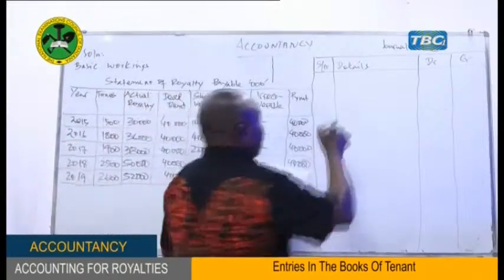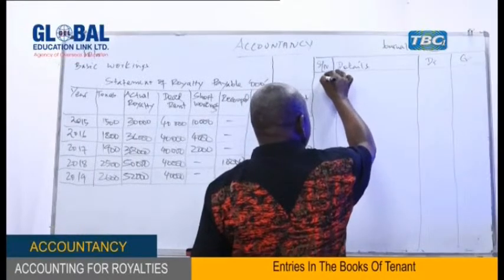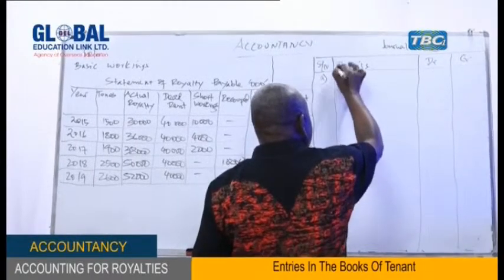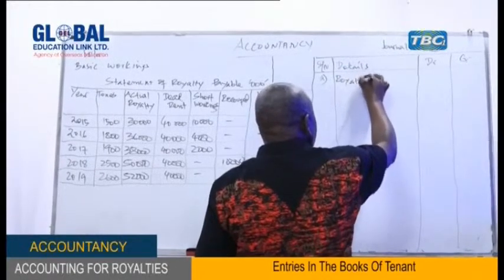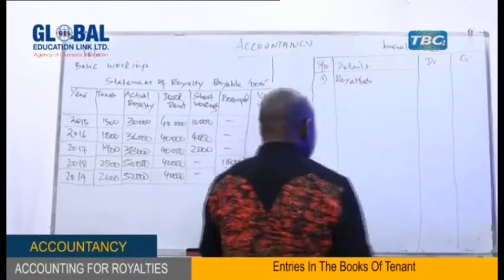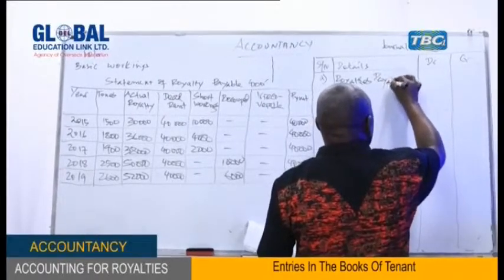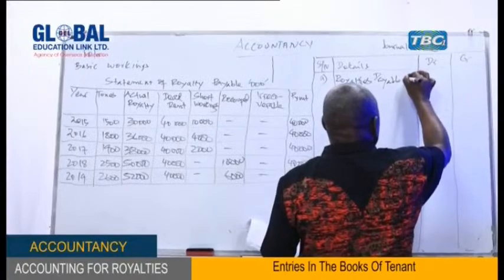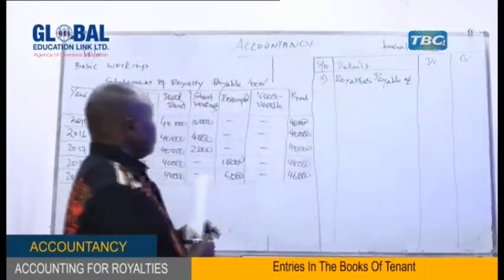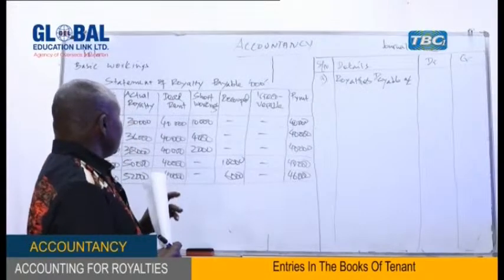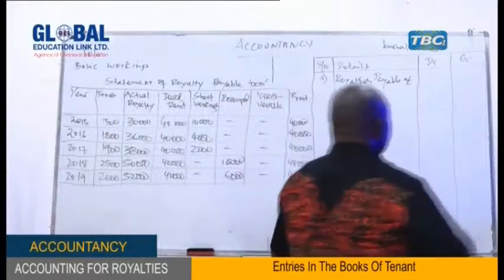So as we said in the journal entries earlier, we debit royalties payable account for the actual amount of the royalty, that is 30,000.